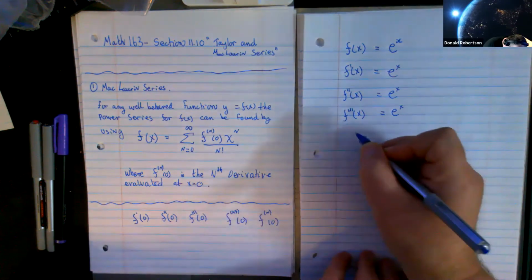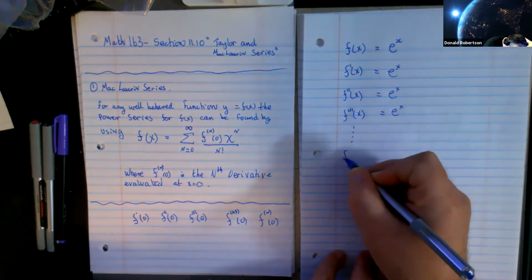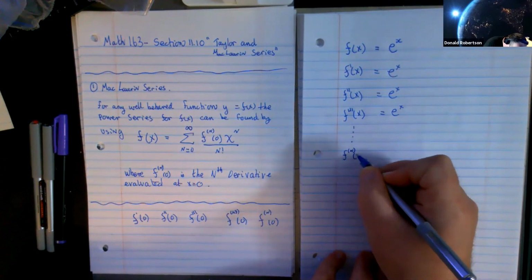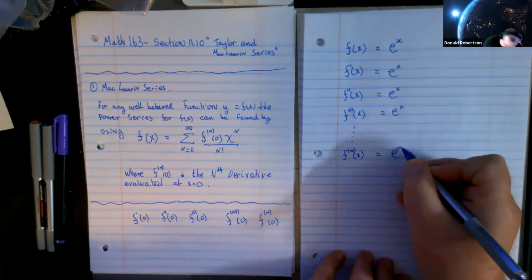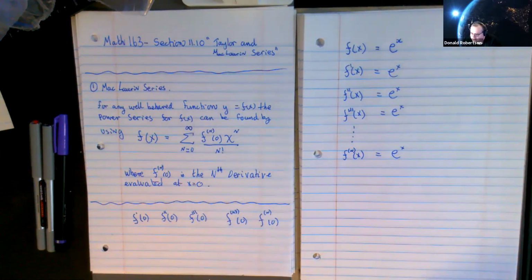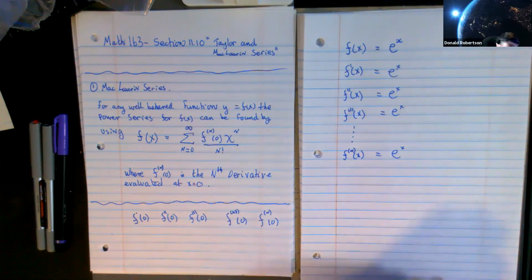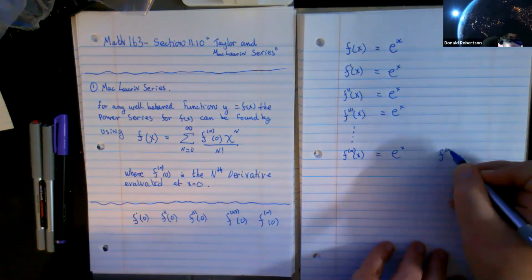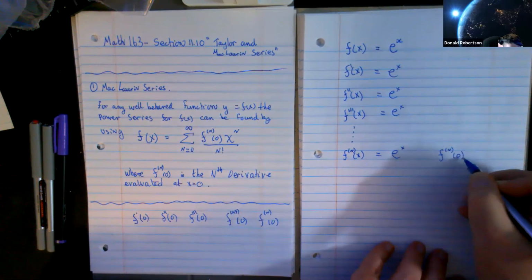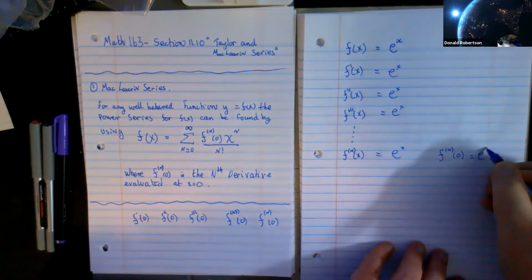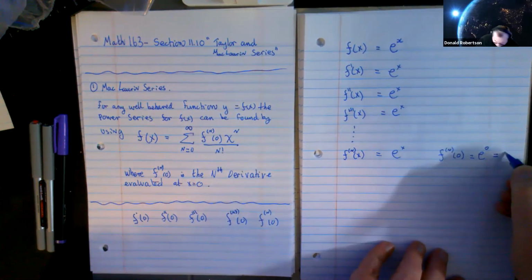Which means that won't the general nth derivative also be e to the x? And won't the nth derivative evaluated at 0 be e to the power of 0, which is 1?